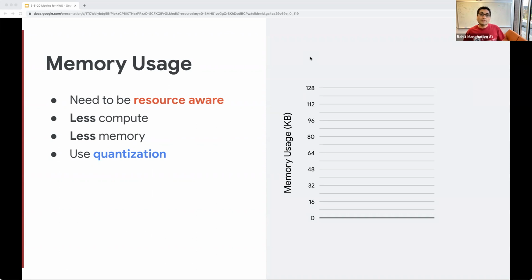Let me give you an example by showing you the memory usage. These are just example numbers. First, there's a bit of application code. This is not just a neural network that's running. There is the application code that's getting the data from the sensor, doing the pre-processing, messaging things, saving something to some place. All of this code takes up memory. Then you have the actual inference engine, right?